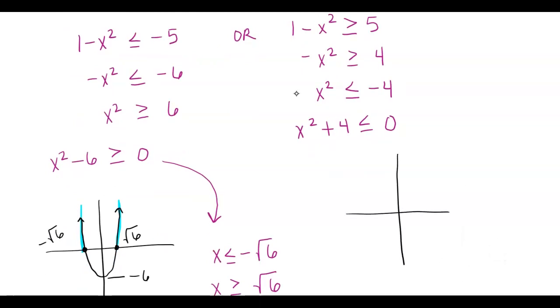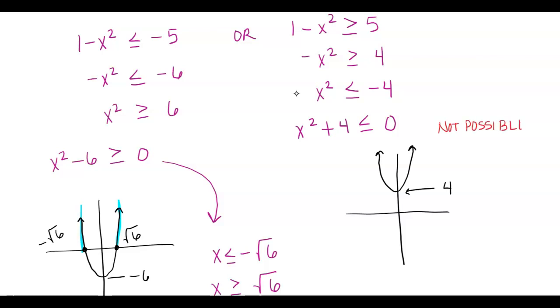This is a parabola that's shifted up by 4 units. And it's asking us, when is this graph less than or equal to 0? Well, it never is. So we don't get any solutions here. This is not possible.